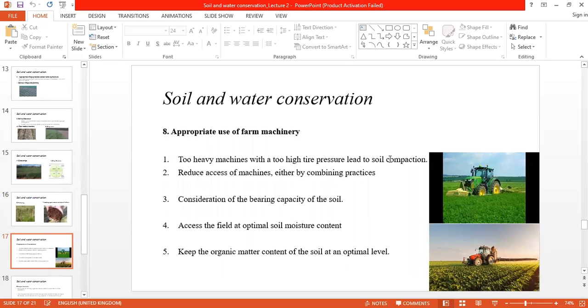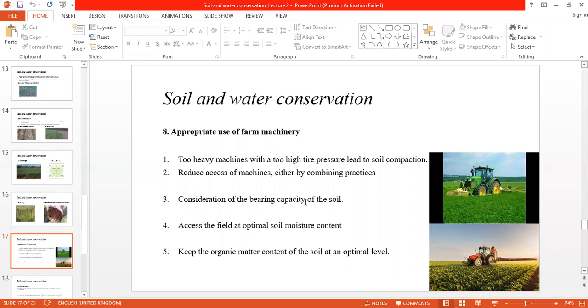But also you need to know how much weight your soil can hold. So you need to know what we call the bearing capacity, how much a soil can hold before it starts to compact. The lower the bearing capacity, it means that you have to use a smaller track for your operations. And if the bearing capacity is quite high, then you can use a bigger track.